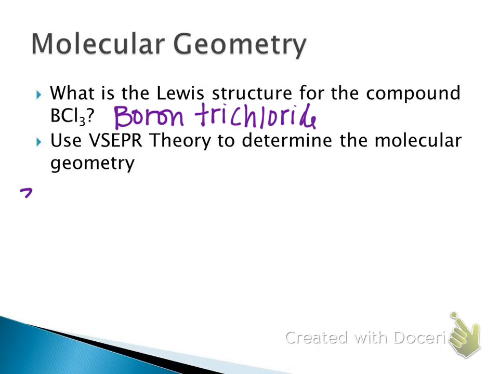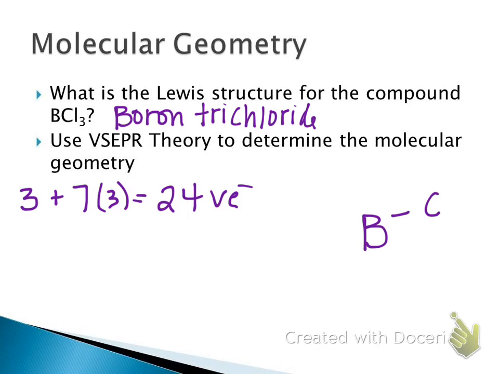Okay, and the Lewis structure for this molecule, hopefully you've started to do this on your own. Boron has 3 valence electrons. Chlorine each has 7, which means total we have 24 valence electrons we need to represent in our Lewis structure. So we're going to draw our skeleton, and then we can fill in our electrons along the outside.